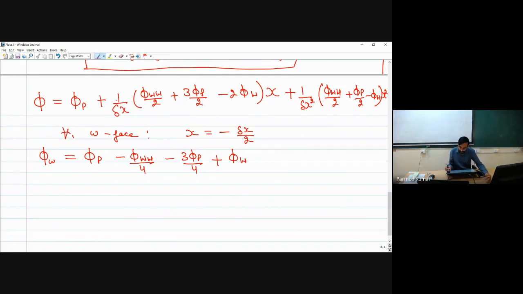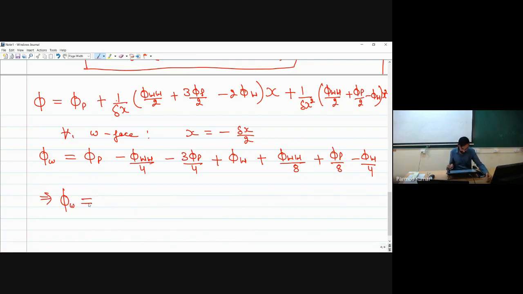Similarly, over here, if I now substitute x is equal to delta x by 2, here the negative sign will not come, delta x square will be cancelling, but the multiplier I will be getting is plus 1 by 4. Okay. So I will be getting plus phi WW divided by 8 plus phi P divided by 8 minus phi W divided by 4. Now, can you tell me what will be the final expression for phi w?